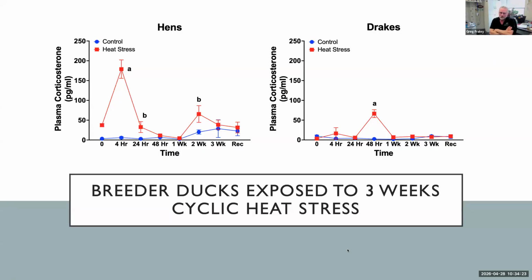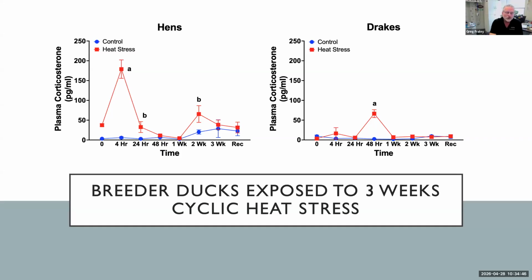When we look at corticosterone over many different time points during a 3-week stress, and then we also gave a 2-week period of recovery afterwards, we get a very typical corticosterone response. First off, we see a very important sex difference between the drakes, males, and the hens.